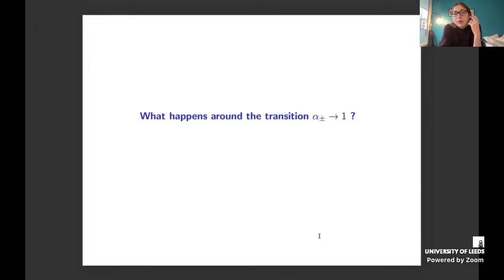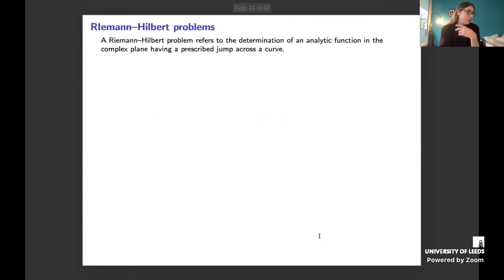We have to understand what happens at the transition when alpha plus and minus go to 1. To do this, we have to introduce another technique. So we introduce another context, which are the Riemann-Hilbert problems.